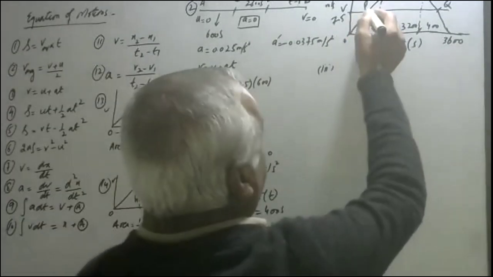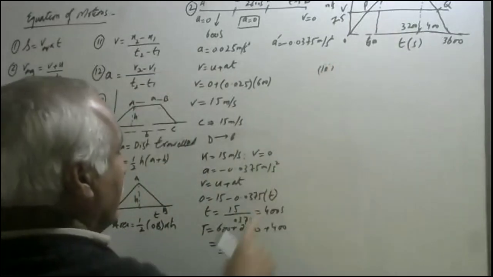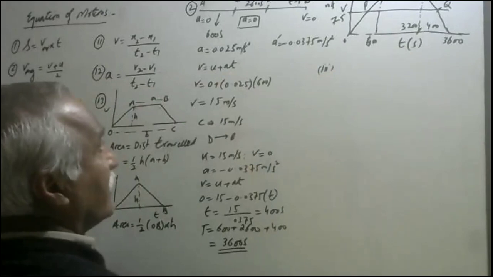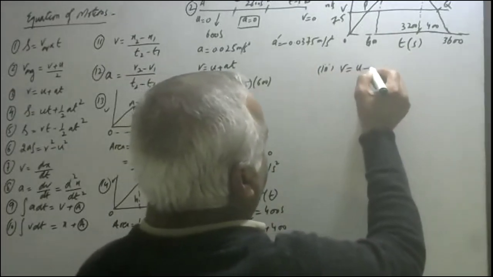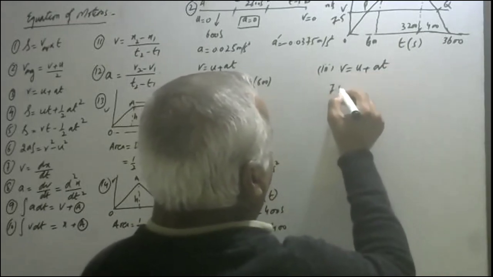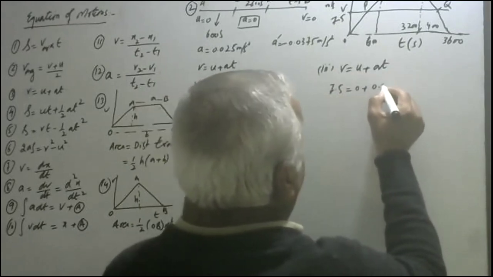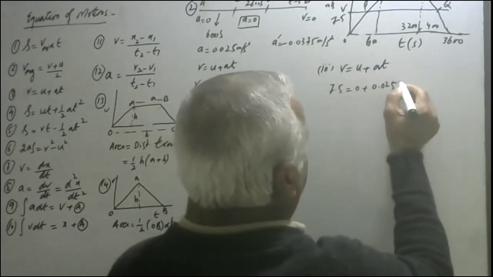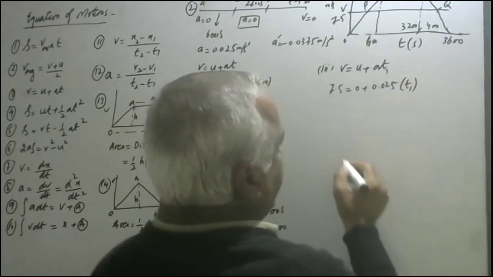For position P, the acceleration is already given as 0.025 meters per second squared. So V is equal to U plus AT, where V is now 7.5, U is 0, acceleration is 0.025, into time T1. Let's say it is T1.